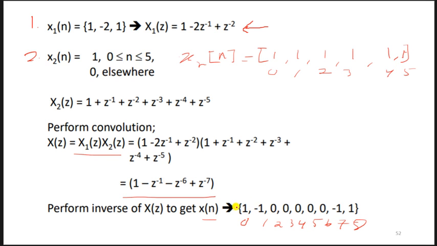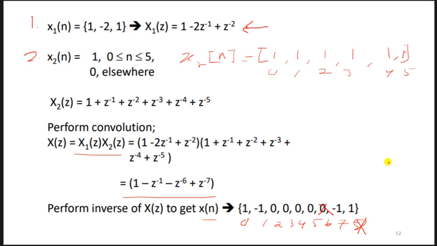So this is an easy way of doing convolution using the Z transform. Oh, I made a mistake. There shouldn't be this one, so there's no 8.